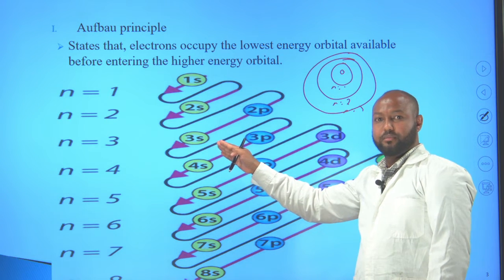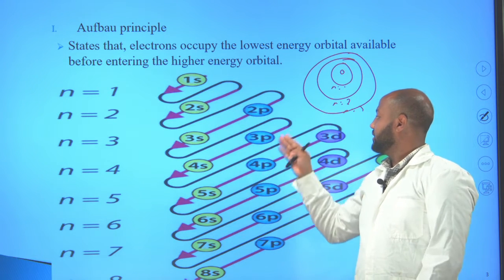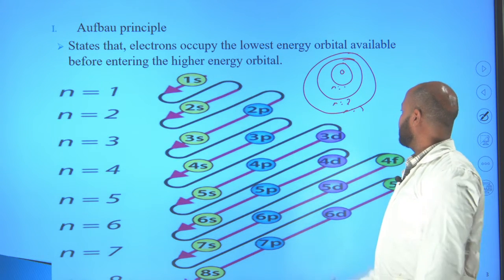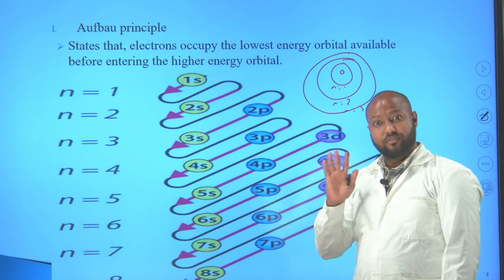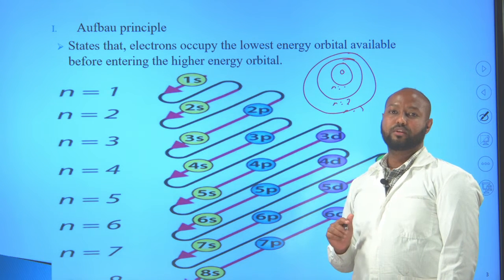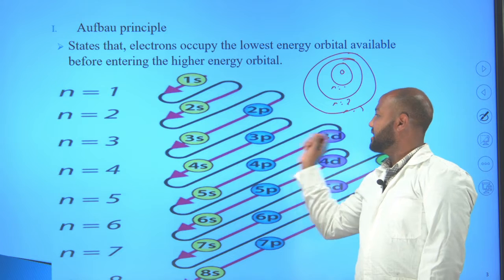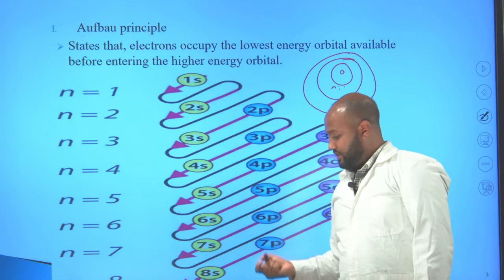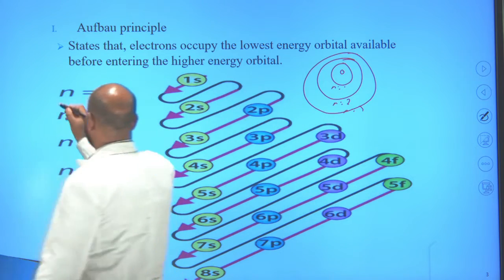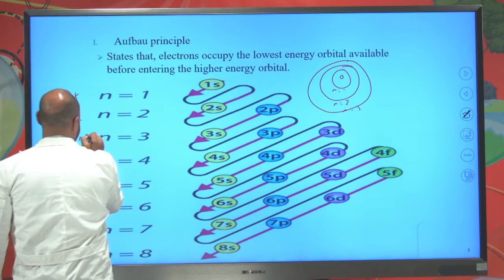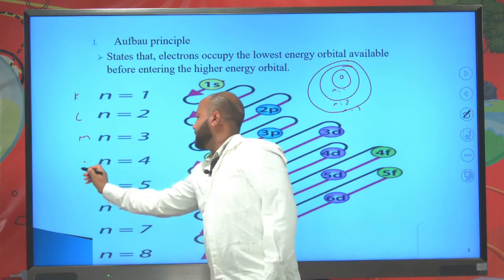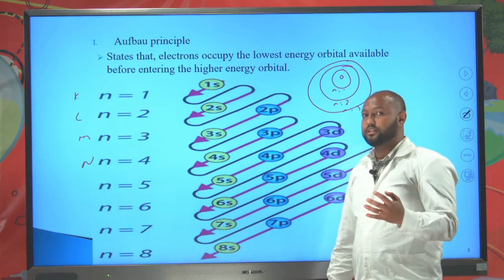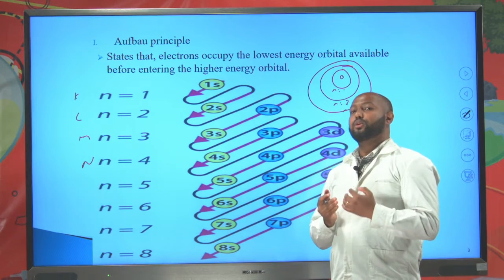S has 1 orbital, maximum of 2 electrons. P has 3 orbitals, maximum of 6 electrons, and d has 5 orbitals, maximum of 10 electrons. Generally it has 18 electrons. So we can say that K, L and M shells are the main energy levels that you learned in your lower grade.